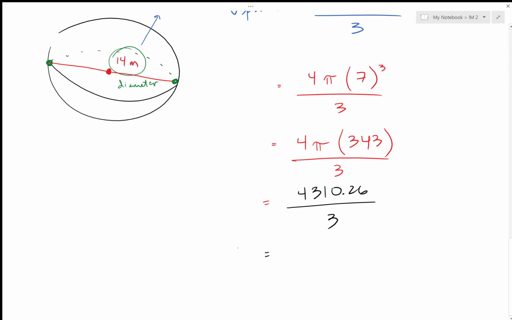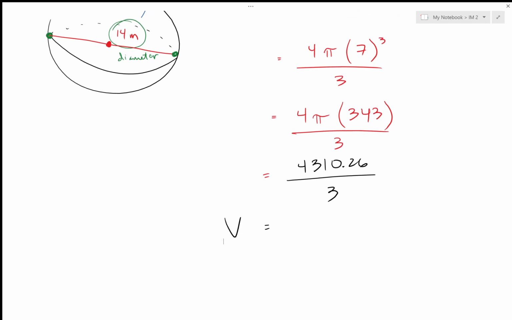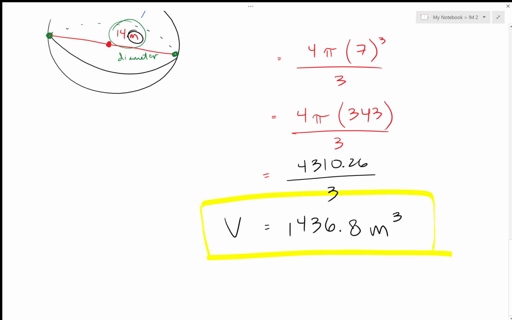And then finally, divide top and bottom by 3. You get 1,400. Whoops. Not 6 there. 1,436.8. And my units, again, we see meters up here, but it is volume, so we need to cube it. So 1,436.8 meters cubed.